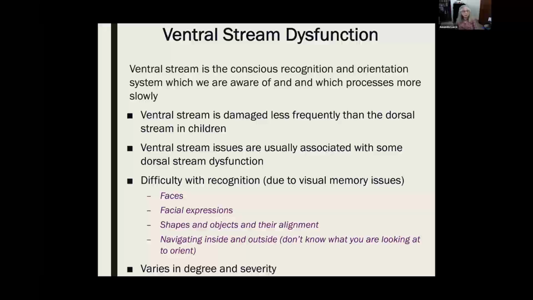They may have difficulty recognizing facial expressions, shapes and objects and their alignment, navigating inside and outside, and they may not know what they're looking at in order to orient, and that would be why they get lost. And this ventral stream dysfunction can vary in degree and severity.